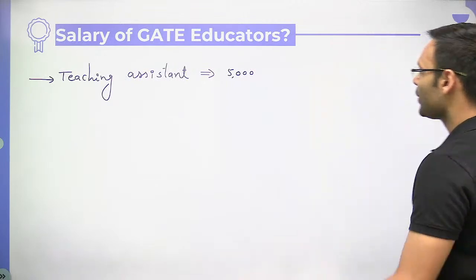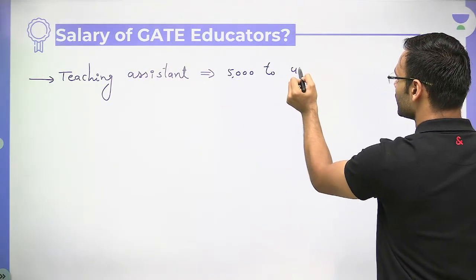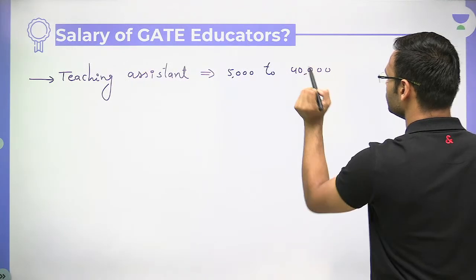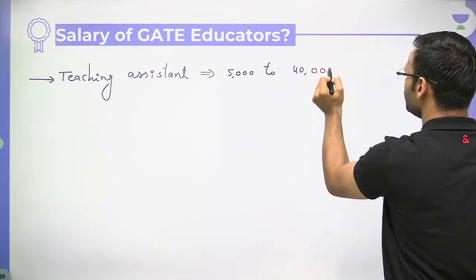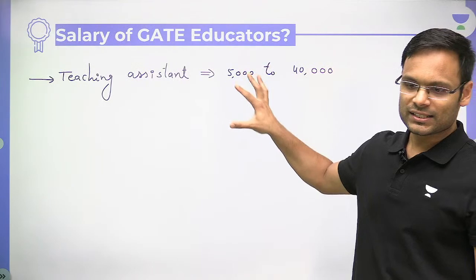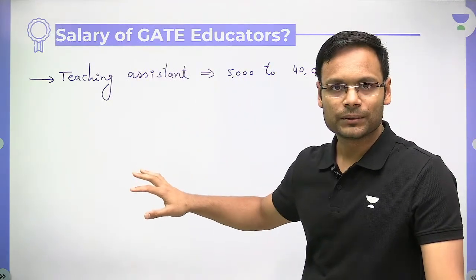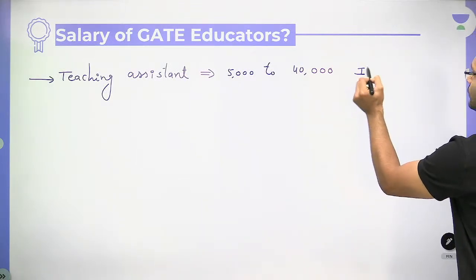You can have a salary from 5,000 to some 40,000 approximately. It can be higher also, if you are a good teaching assistant. So your salary can be in between that for a teaching assistant, doubt solver, educator, like that. This is the basic salary. I am talking about INR, Indian rupees.